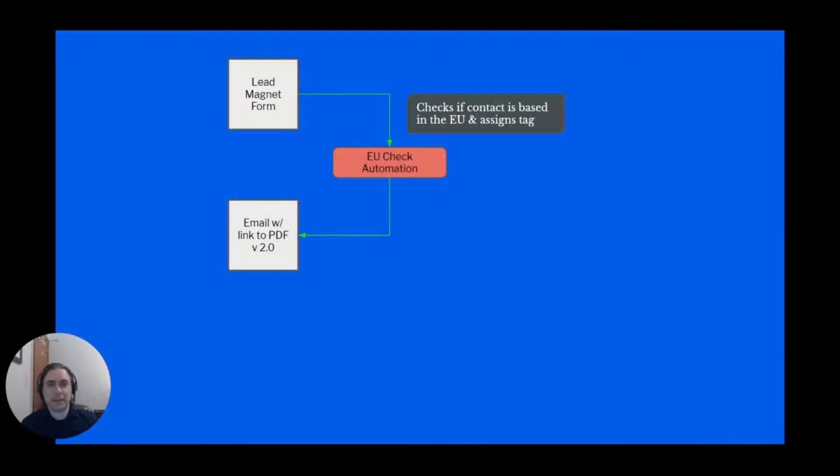So what happens is they get delivered the email as per usual. This is version 2.0 though. So what this does is it also has a conditional content block that only appears for someone who has that European Union tag. And what that block says is, you know, for us to be able to continue sending you cool resources like this and tips related to whatever industry you happen to be in, we need your permission.